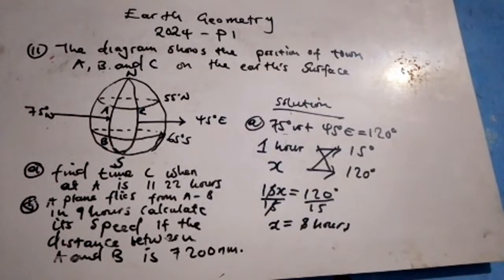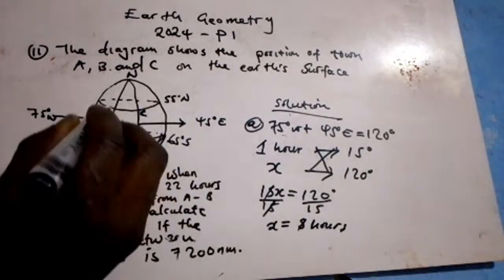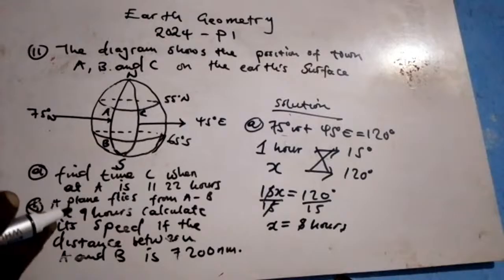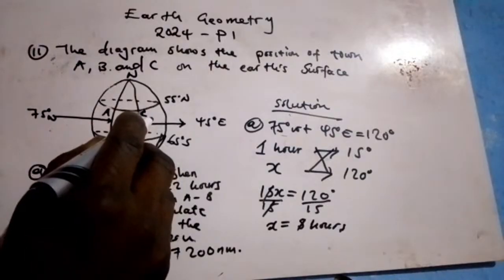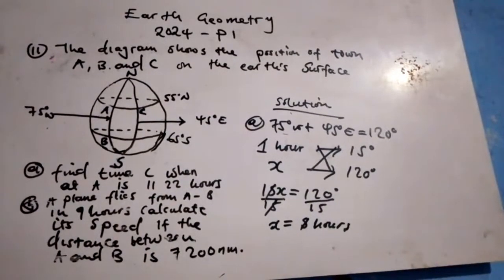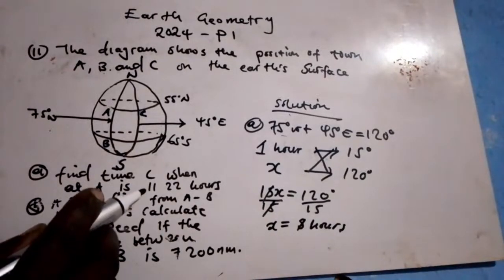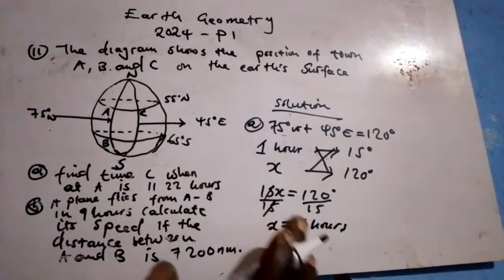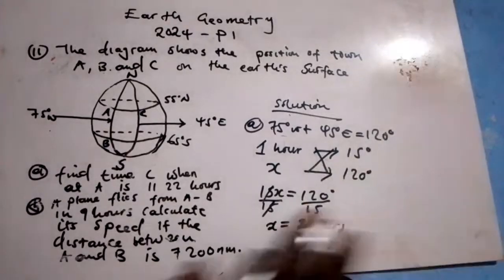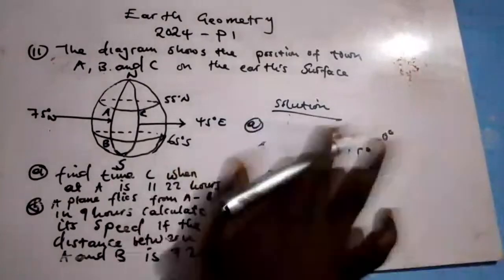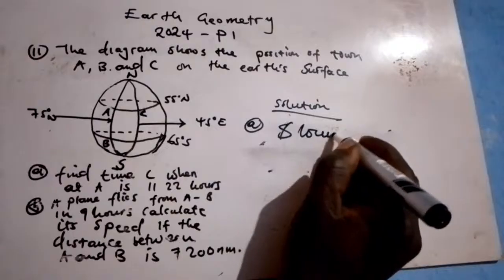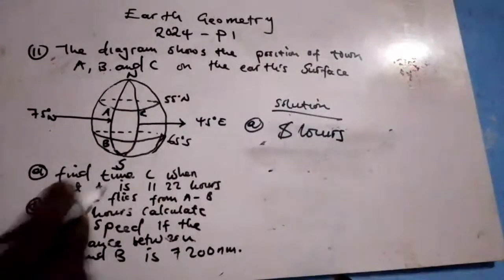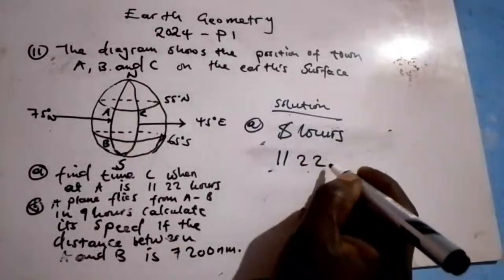Okay, so now since we have found it is 8 hours, we must add these 8 hours to 11:22. So at A it is 11:22.